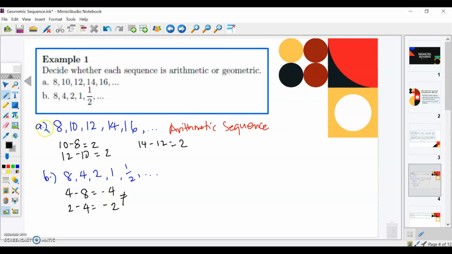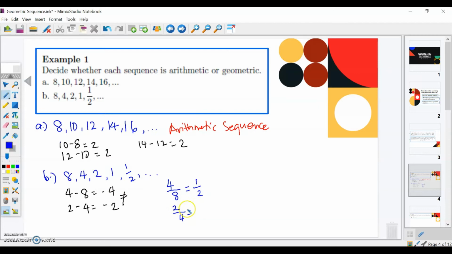So let's try whether this has a common ratio. How are we going to find the common ratio? We divide two consecutive terms. Let's consider 4 and 8. I will divide 4 by 8, and this will give me 1/2. I will consider other consecutive terms, 2 and 4.